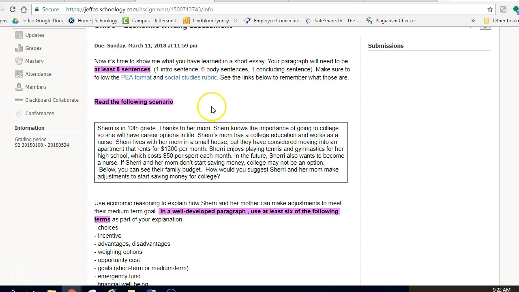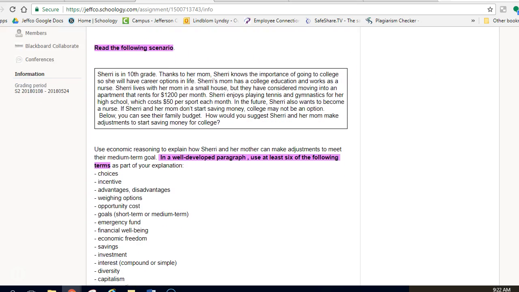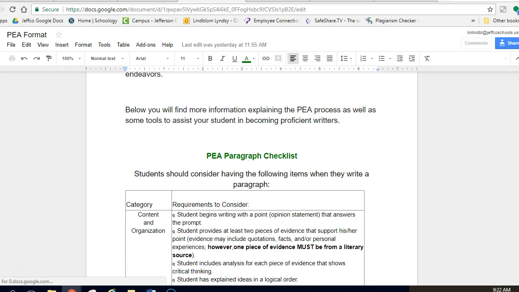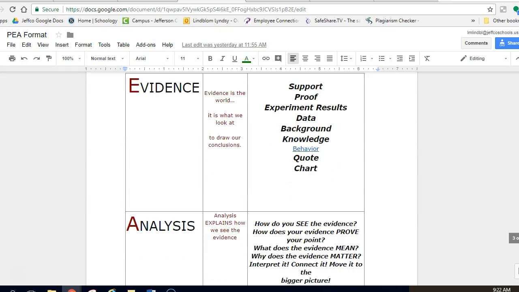You're welcome to turn that into an intro paragraph, body paragraphs, and conclusion if you enjoy writing, but I need at least 8 sentences minimum. Alright, so again, the PEA format, which you should be using in English, points, evidence, analysis. This kind of helps describe that to you.